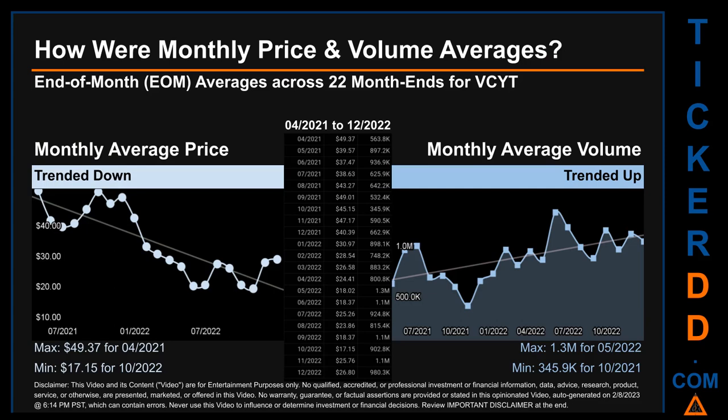The maximum end of month average price was $49.37 for 04/2021 while the minimum was $17.15 for 10/2020. Looking at volume, 05/2022 and 10/2021 respectively saw the highest and lowest monthly average volume at 1.3 million and 345.9 thousand.